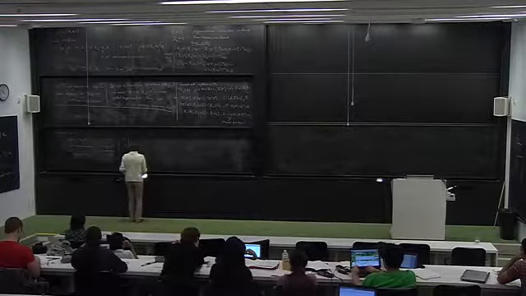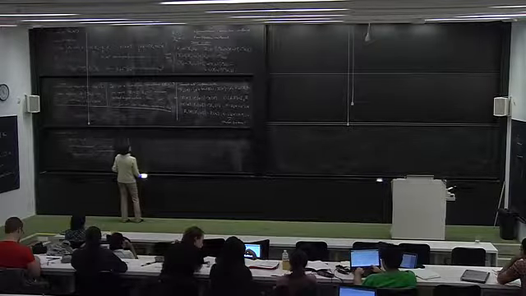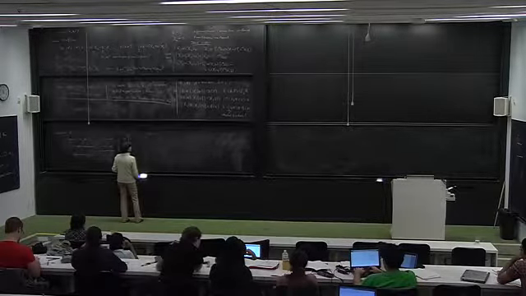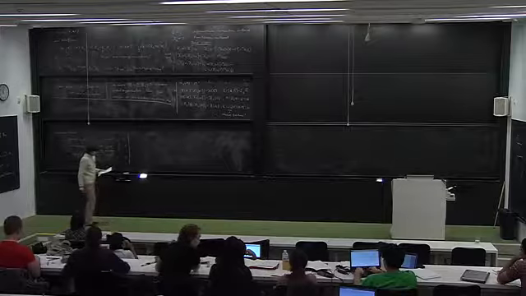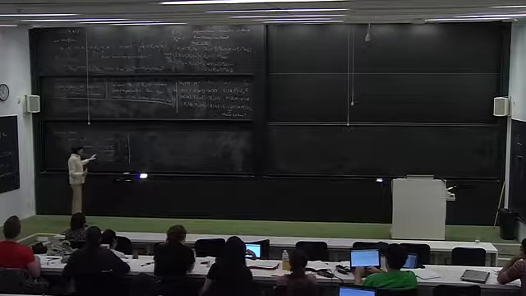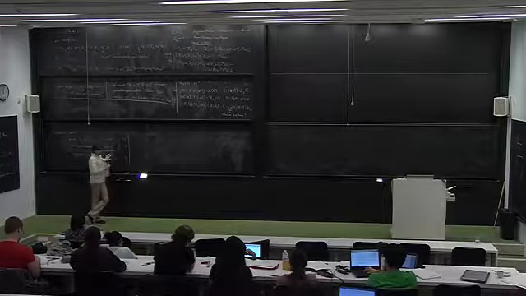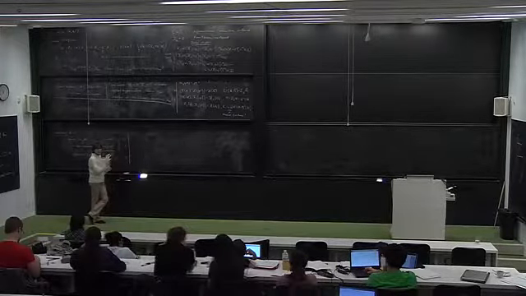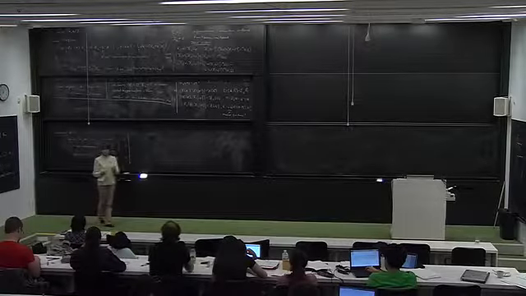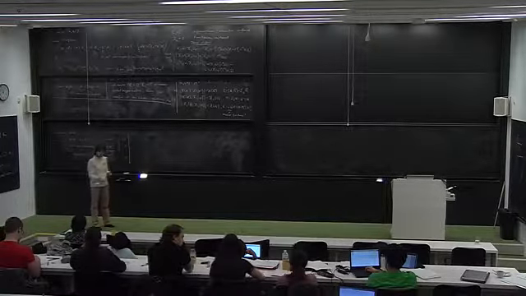Okay, now I want to raise a few general issues when it comes to the quantization of systems which are of this first class type, or in general just have some gauge redundancy built in.